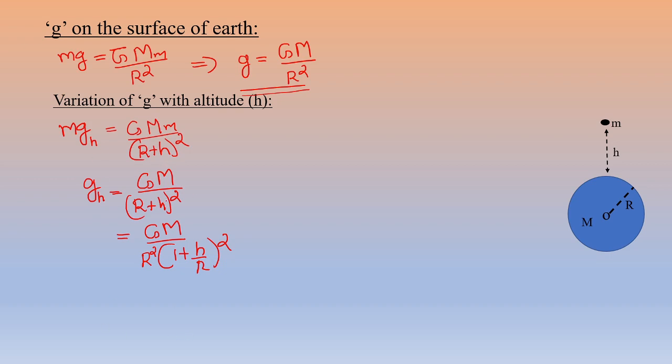The G M by r square is nothing but the value of g on the surface of the Earth. So I can express small g instead of G M by capital R square. The g, that is the value of g on the surface of the Earth, divided by 1 plus h by r whole square.